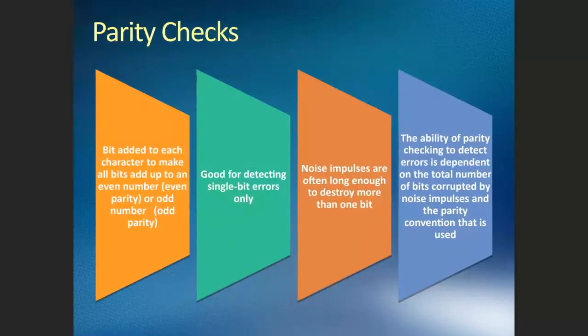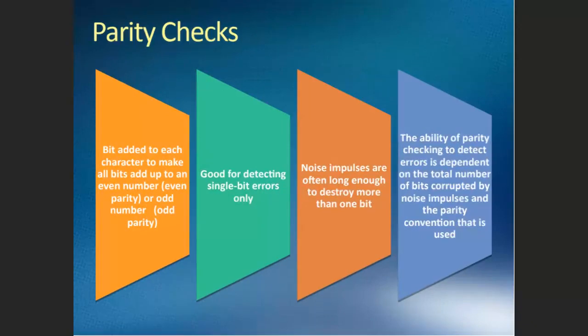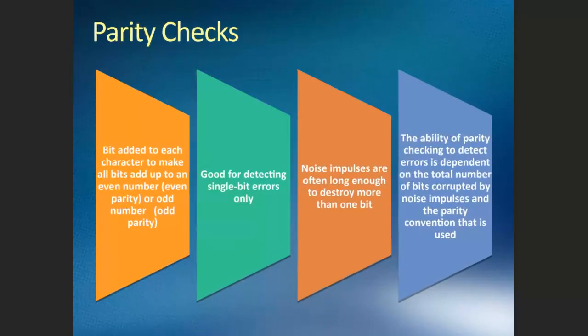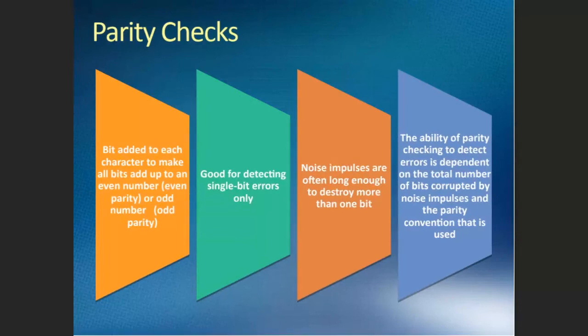Parity checks. Here, one method of error detection, you add a bit called parity. You want to make sure that if your frame is odd, meaning ending with 1, we will finish, inshallah. If it's ending with 1, is it an odd number or even number? Odd number.